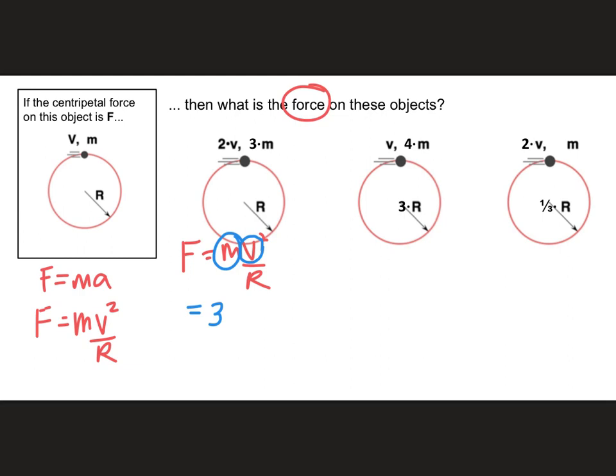When the v changes by 2, it's got to be squared. 2 times 2 is 4. And again, the r isn't changing. So my new force is going to be 3 times 4 times my old force, or 12 times my old force.